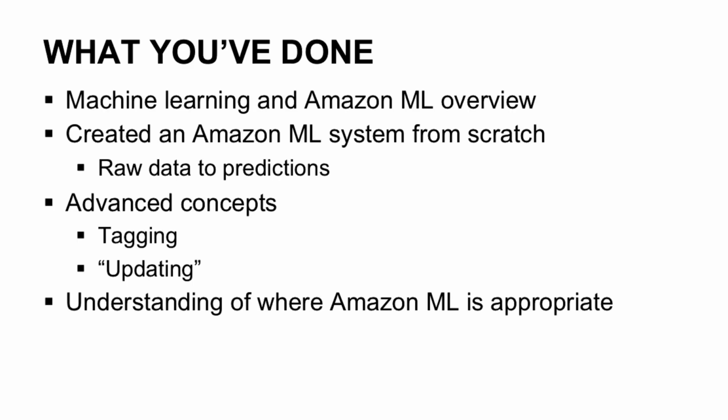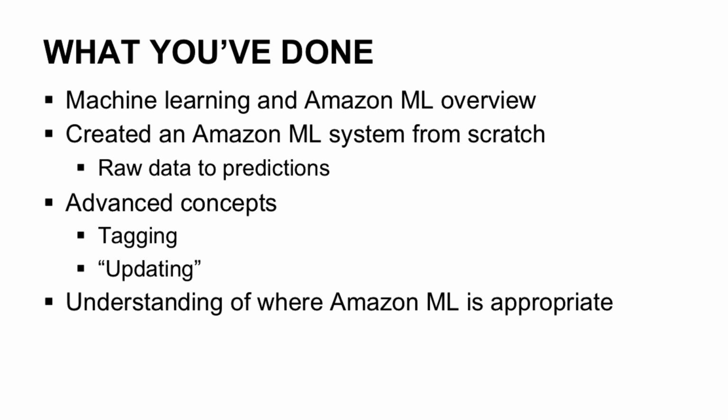This course is done. Thank you very much for your time. In this course, we've talked about machine learning in general and how Amazon machine learning is a specific subset of machine learning. We've created an Amazon machine learning system from scratch. We've taken raw data from that publicly accessible data set, created IAM users, created a data source, created a model, talked about the attributes of that model, created evaluations to determine how that model maps to the real world, and then created predictions.